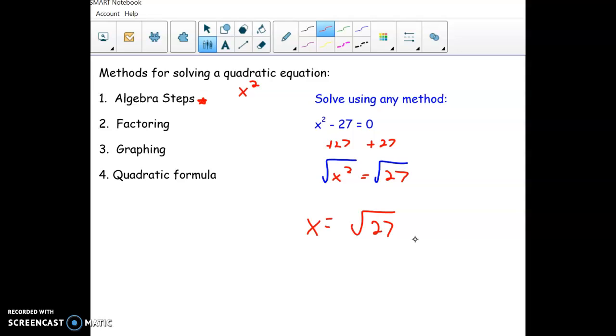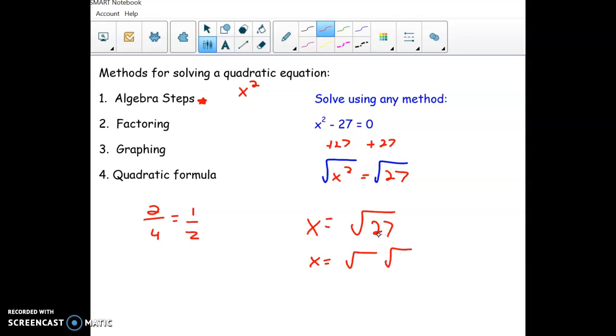And so the deal is we're not going to leave our answers that way as root 27. We're going to do what's called simplest radical form. Much like you simplify the fraction 2/4, you'd reduce that to 1/2, you can simplify this radical expression. Basically, you take out any perfect squares.